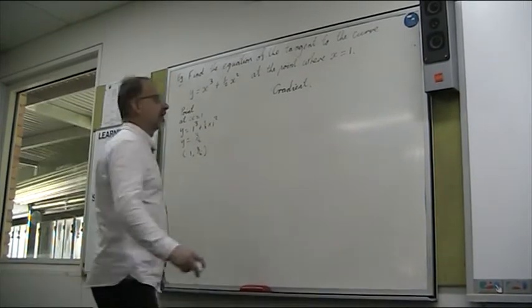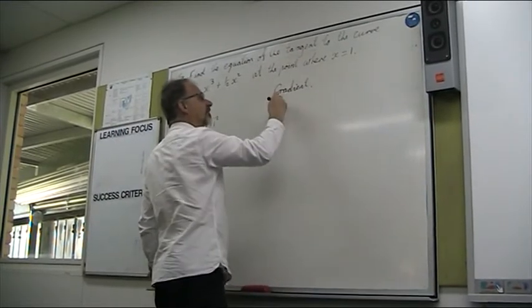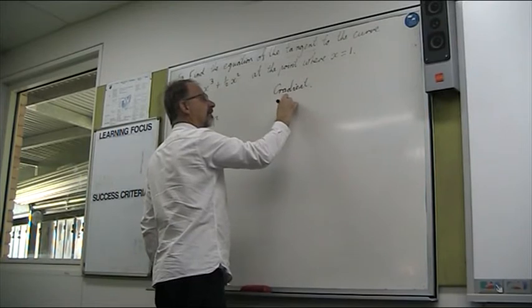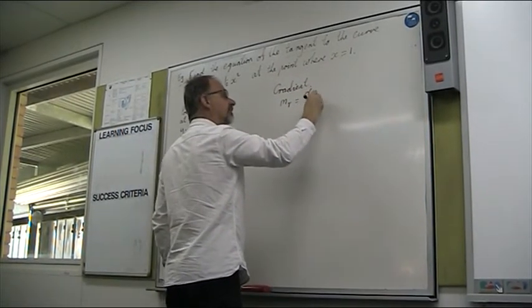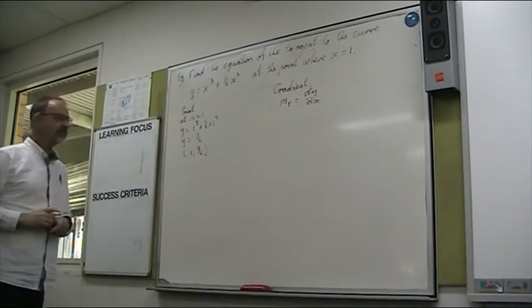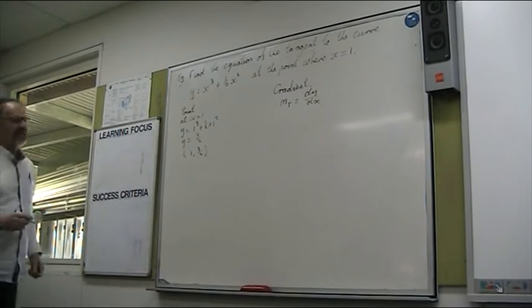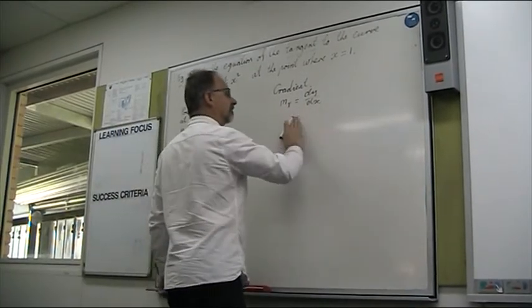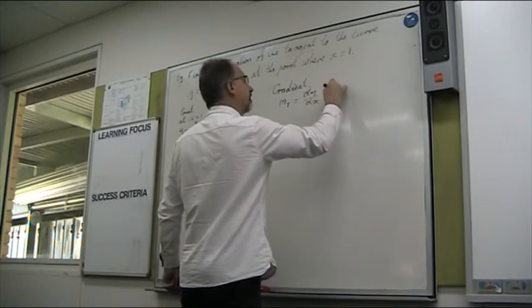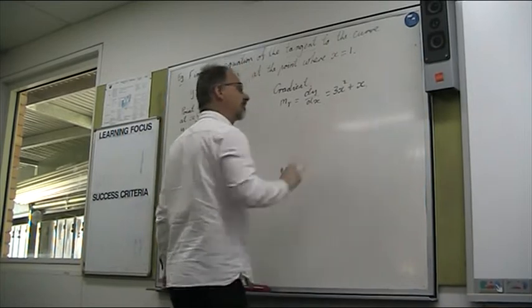All right. We need the gradient, and it's the tangent we're looking for. And so the gradient of the tangent is related to the derivative. So dy dx is what? 3x squared plus 1x.